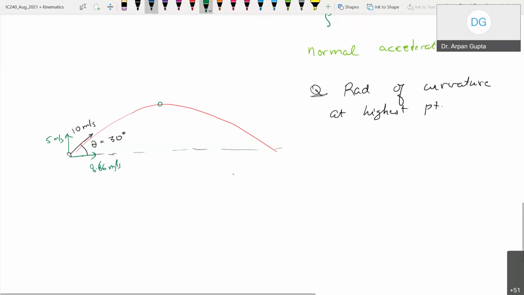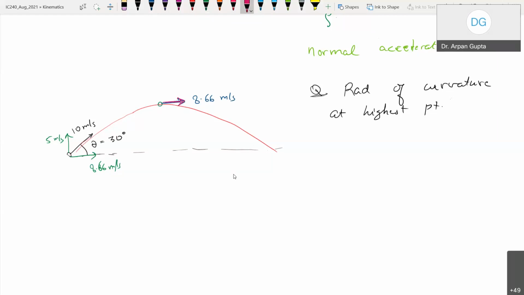So if I consider the topmost point, this is going to have a velocity in the horizontal direction of 8.66 meters per second, and in the vertical direction it is going to have zero velocity. So at this point the velocity is in this direction.